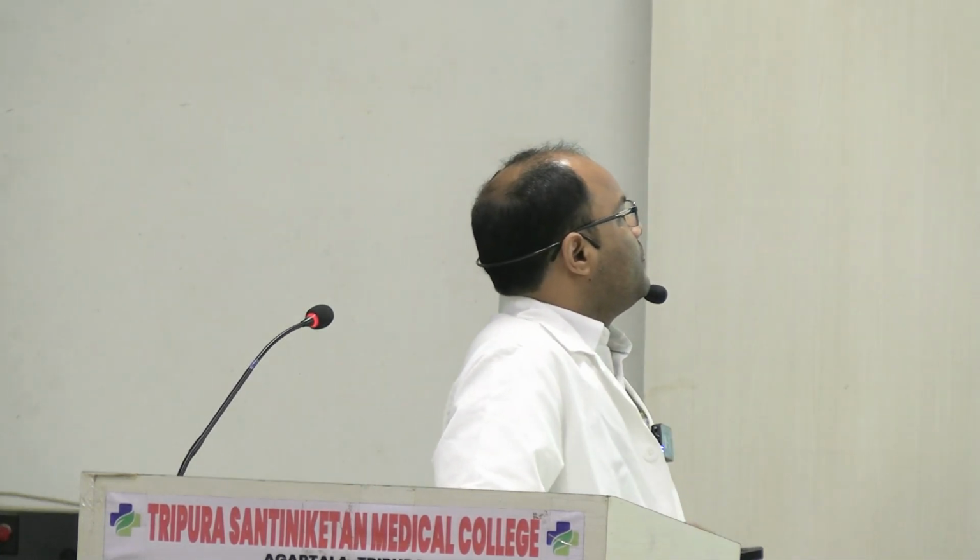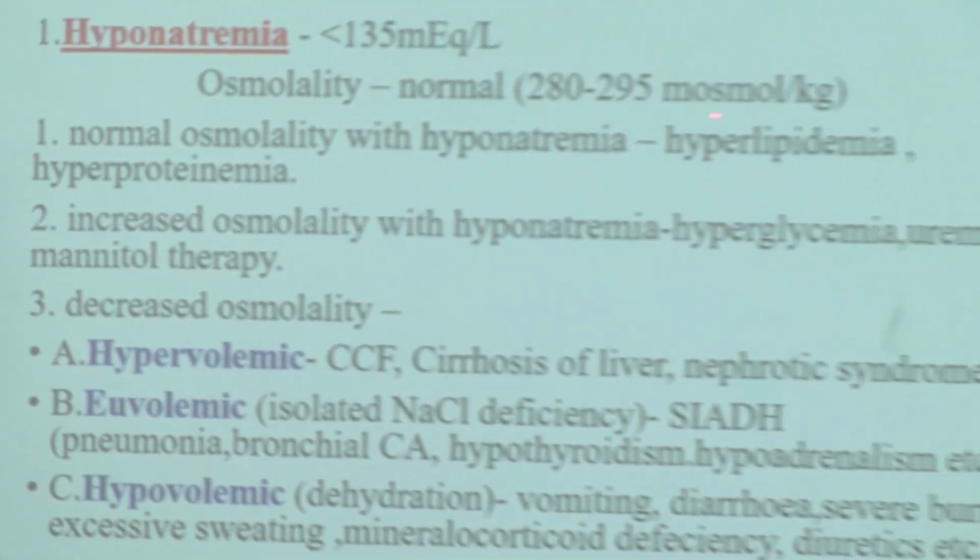When there is water loss by diarrhea, vomiting or severe sweating, the patient may suffer sodium loss, potassium loss, chloride loss, like this. As I told earlier, sodium also maintains osmolarity, so you have to check osmolarity also. Normal osmolarity value is 280 to 295 milliosmol per kg.